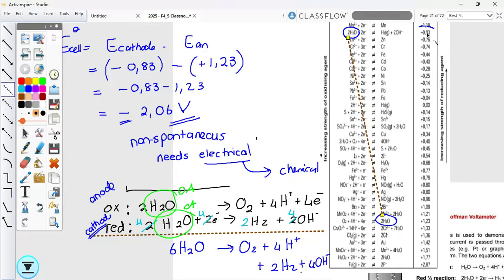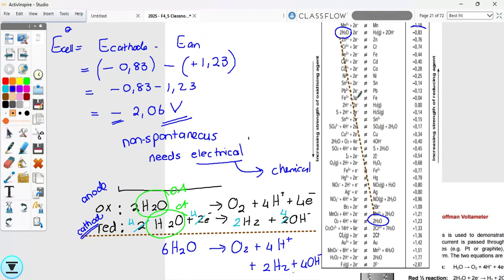So you can see it's a negative value minus a positive value, so it's always going to end up a negative answer. Your answer is negative, so it's going to be non-spontaneous.